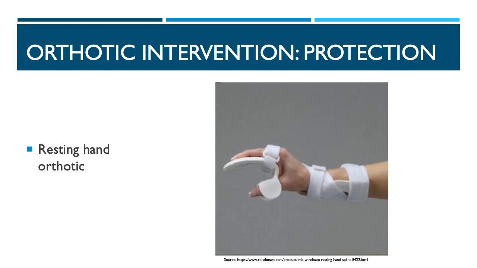This is an example of an orthotic for protection. So this is called a resting hand orthotic that could be for any condition requiring rest and immobilization of the entire hand. Some fractures need it, some tendinopathies, some post-op conditions. The position is intrinsic plus, so that's slight wrist extension with MCP flexion to about 70, with the IPs in relaxed extension, so they're not completely straight, but pretty much straight.